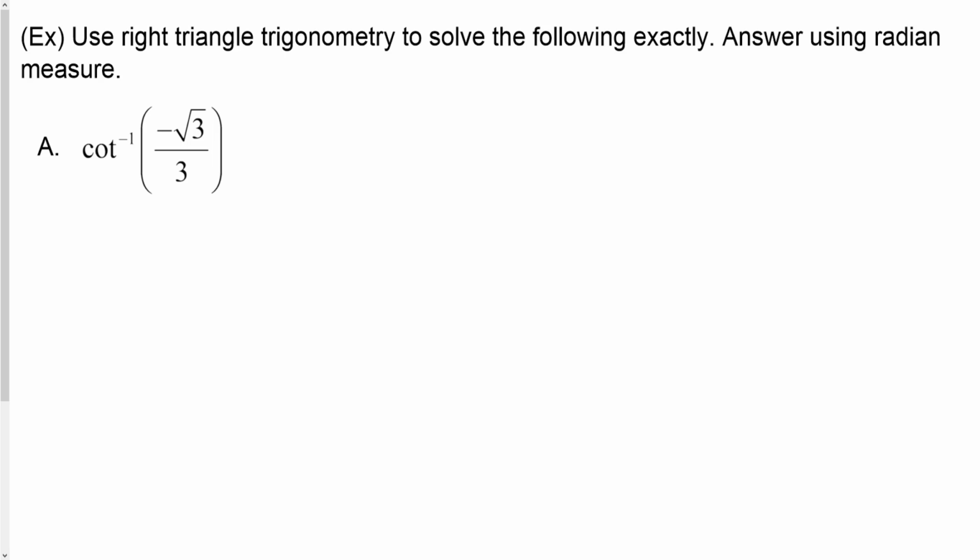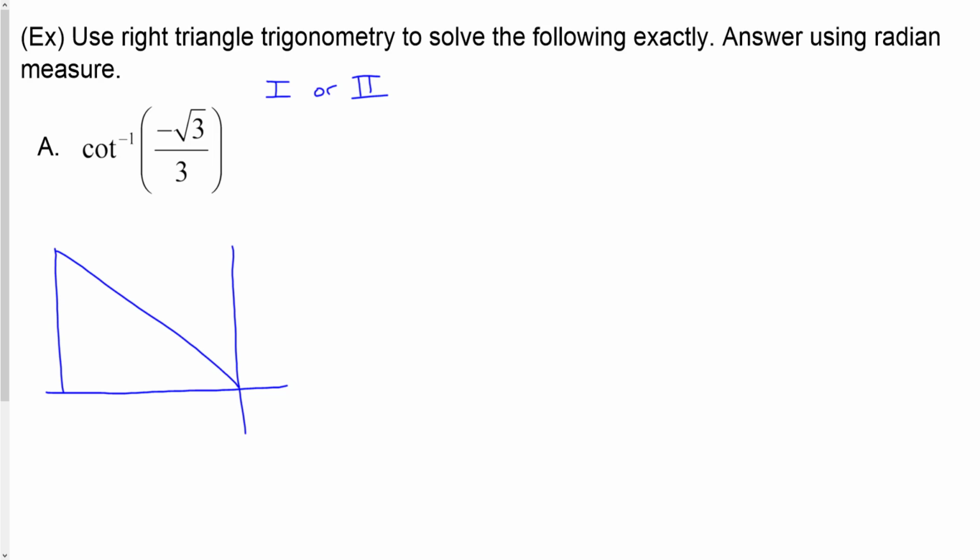The answers for arc cotangents are going to be in either quadrant 1 or 2. And because this is negative, it is going to be in quadrant 2. So I'm going to draw a reference triangle in quadrant 2.